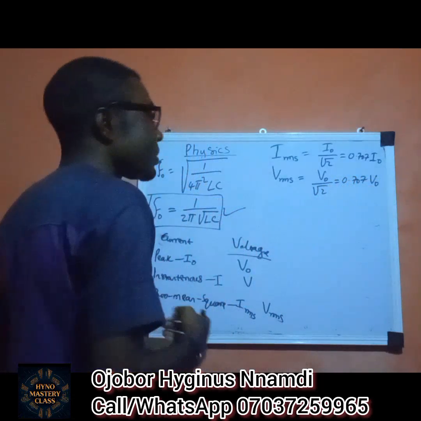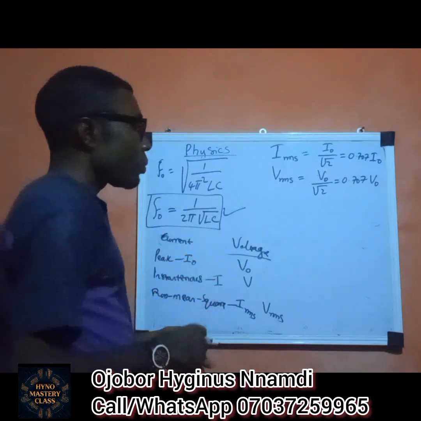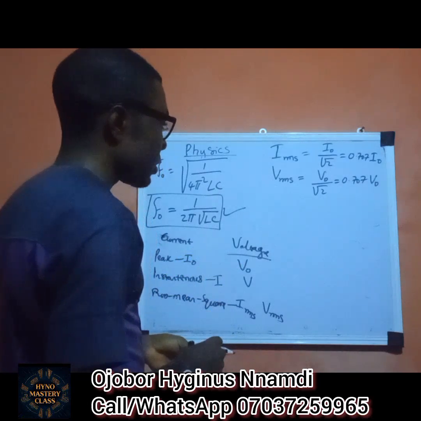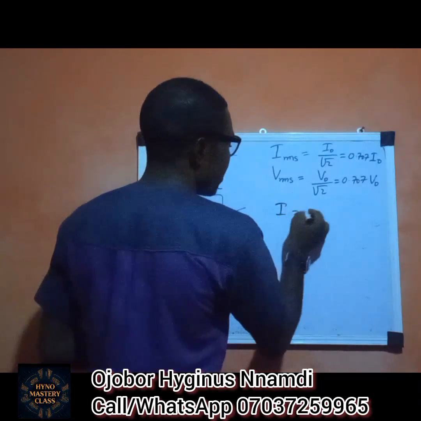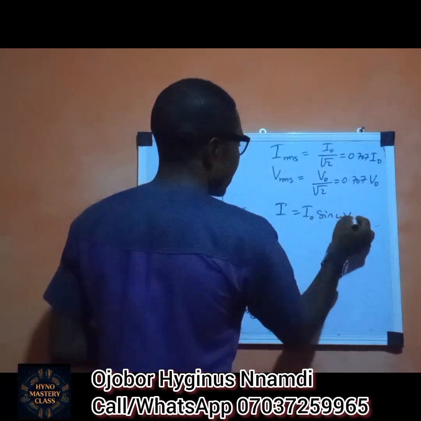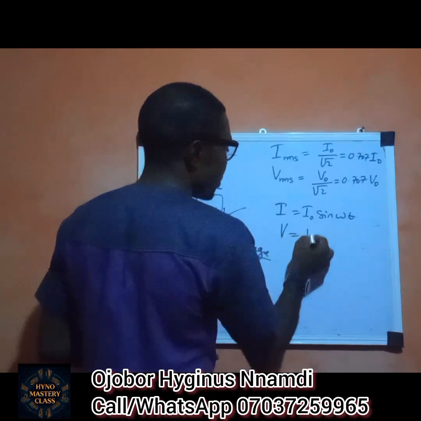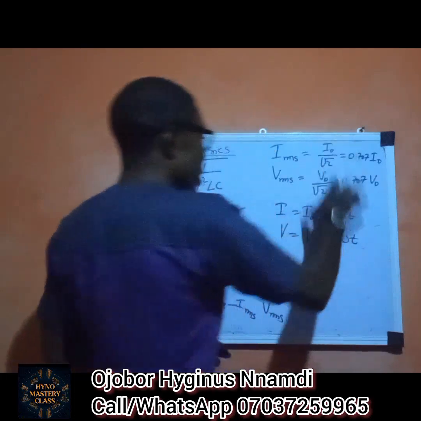Okay? Then the instantaneous current and voltage also have a relationship with the peak current and voltage. The instantaneous current is equal to the peak current times sine omega t, while the instantaneous voltage is equal to the peak voltage times sine omega t. So let us take note of this.